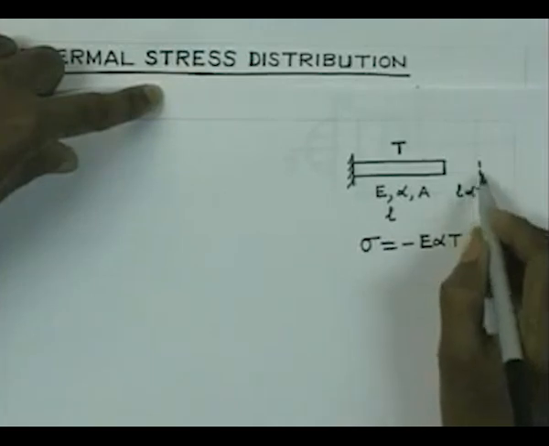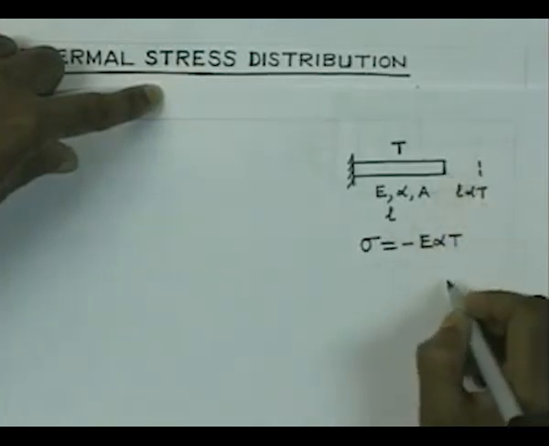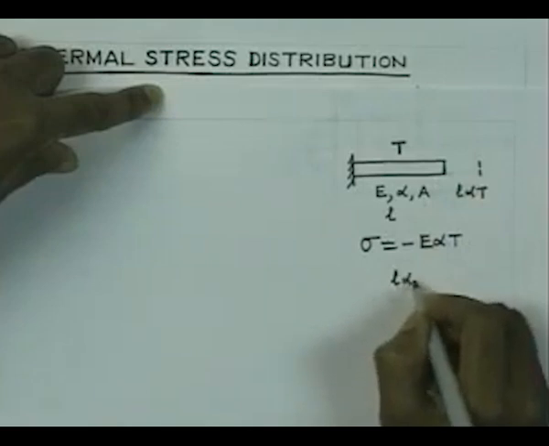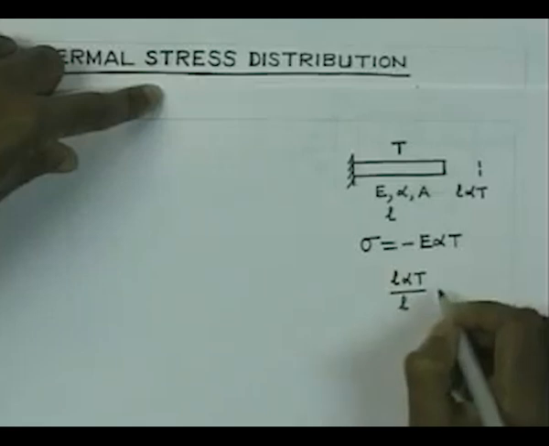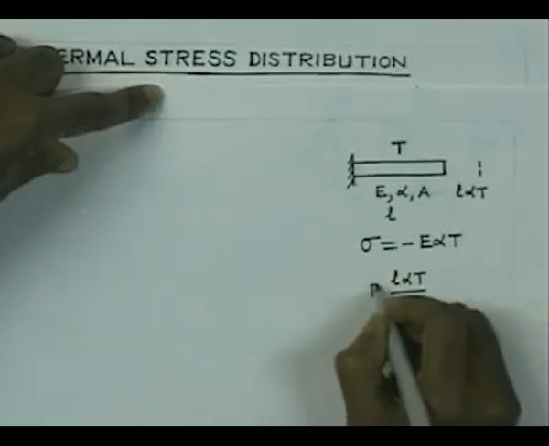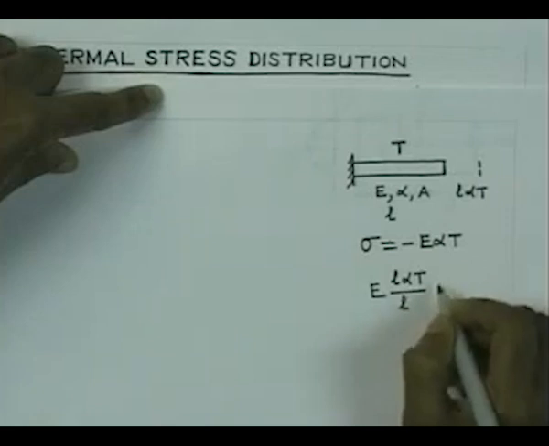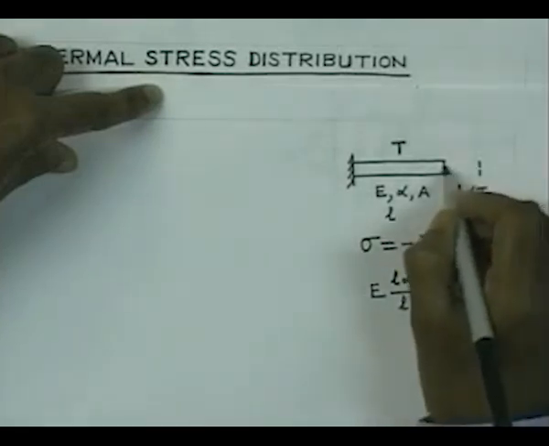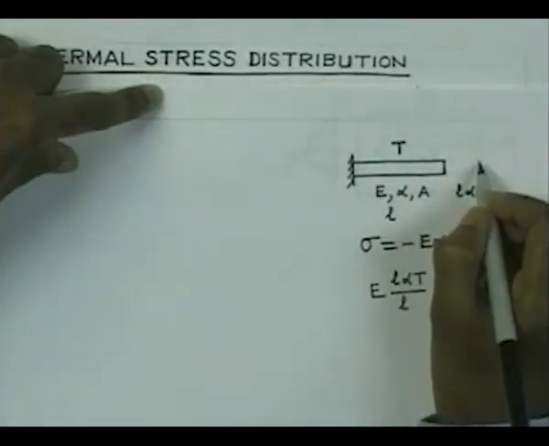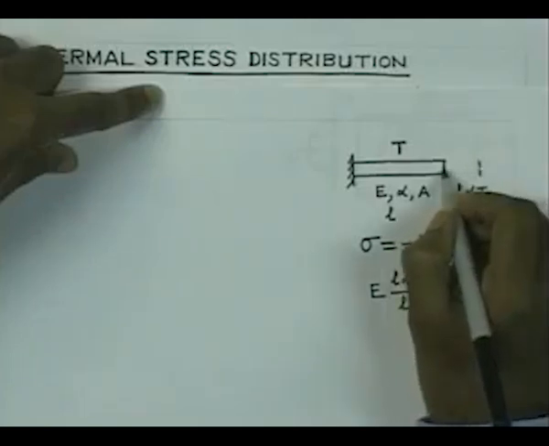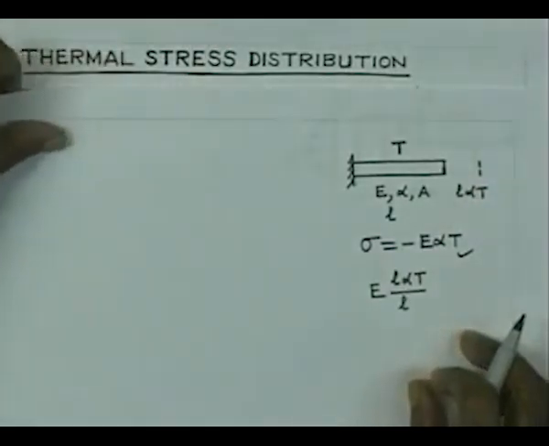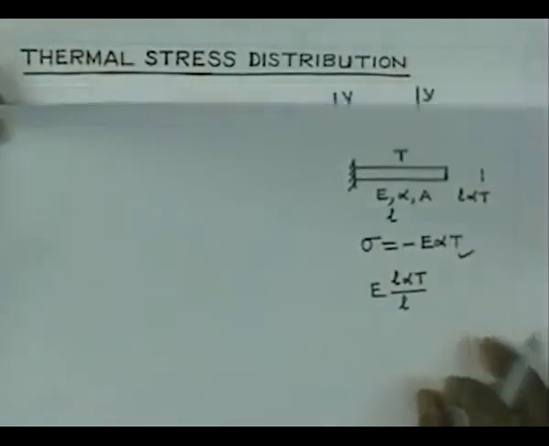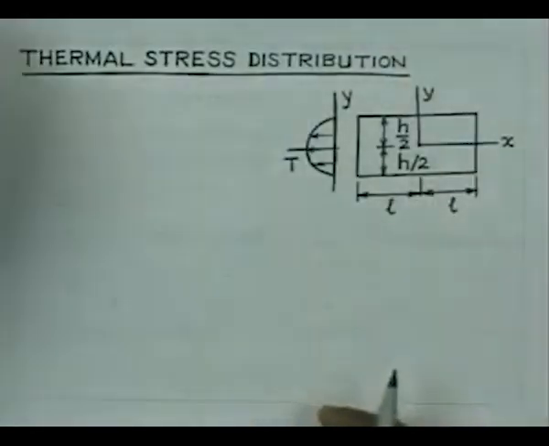Just quickly you can see that we are preventing the expansion by an extent L alpha T, and therefore, the strain is this much, and hence the stress is going to be E into this, which is nothing but E alpha T. Since we have not allowed it to expand, in fact we have tried to compress it to this length, therefore, the stress is going to be compressive. So, with this consideration, let us try to consider a very simple configuration to see how we can find out the thermal stress distribution.